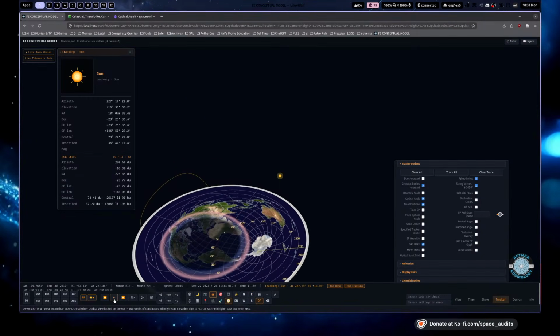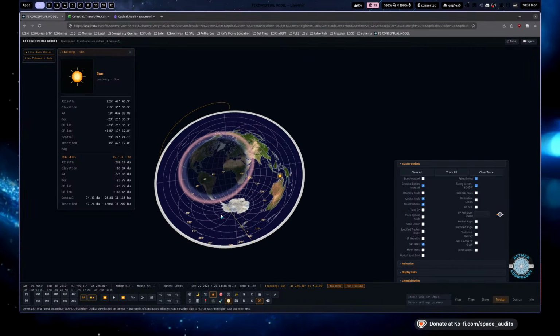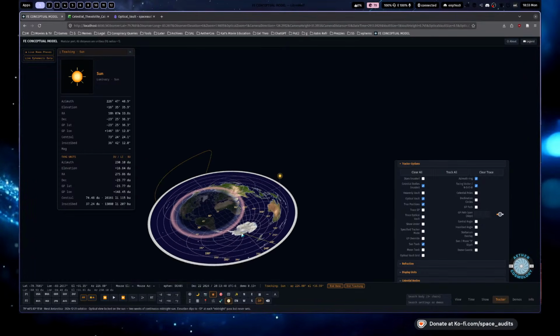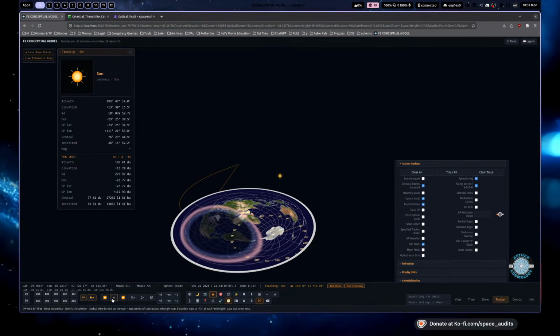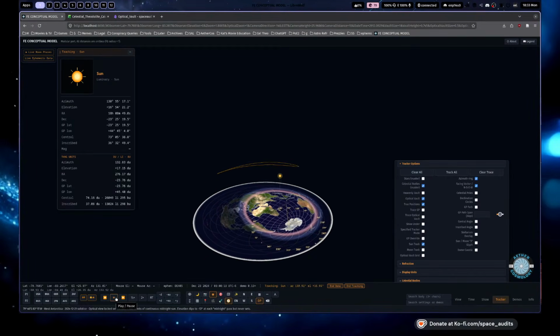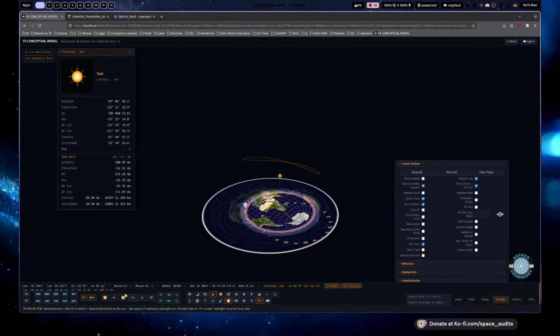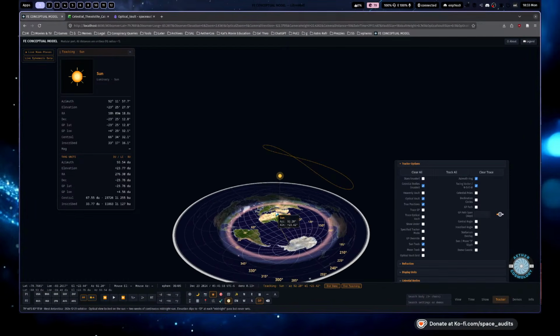So if there was another scenario where, let's say, Antarctica was its own continent and the ice wall that we all conceive of is separate from the projection stretched out from the AE map, and this was an actual place, well, then you would have the observer looking south as the sun goes around them, and it doesn't look like they're looking off into space or whatever. And the directions again are all lined up based off of the type of projection that it's using.